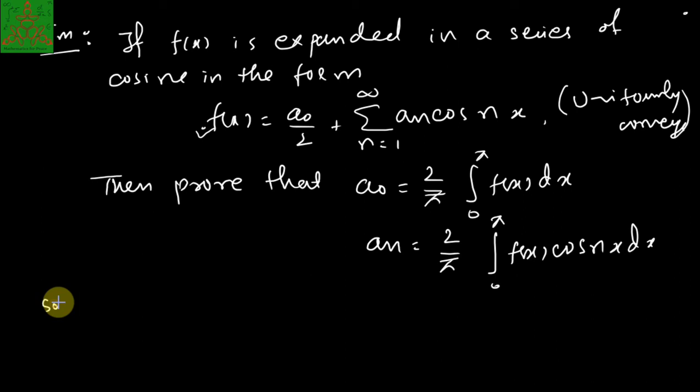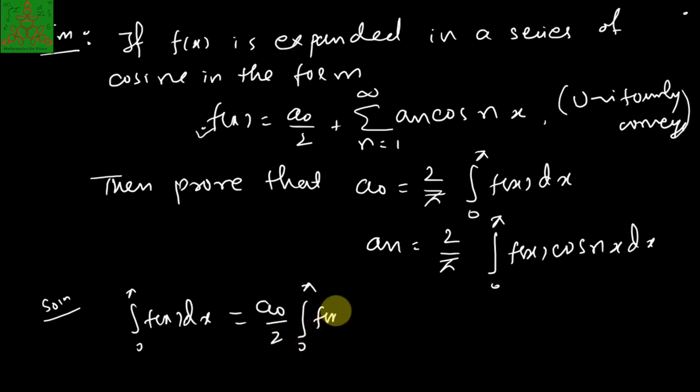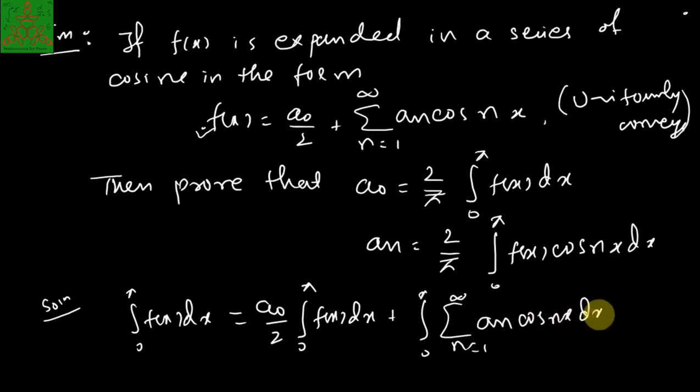We will have integration 0 to pi f(x) dx equal to a0 by 2 integration 0 to pi dx plus integration 0 to pi summation n running from 1 to infinity an cos nx dx. Now this integration and the summation I can interchange due to this uniform convergence.